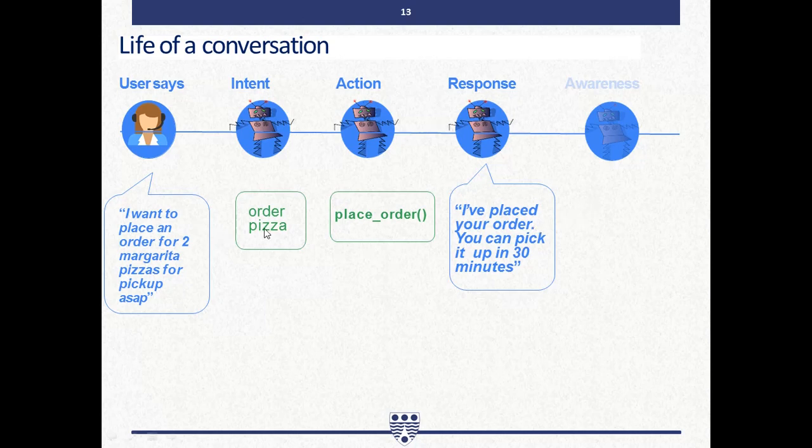Now when the order pizza intent is triggered, it triggers an action, which is to place an order for the pizza, and generates a response telling the user that we've placed your order, you can pick it up at so-and-so time. Okay, now but not all conversations are this straightforward, not all conversations are this linear.